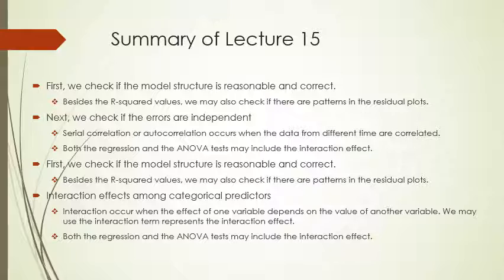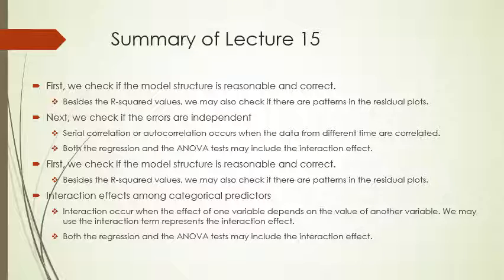First, we check if the model structure is reasonable and correct. Besides the R-squared values, we may also check if there are patterns in the residual plots. The error independence should be the next one to check. For example, serial correlation or autocorrelation occurs when the data from different times are correlated.